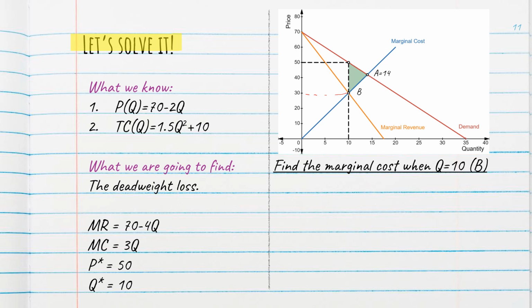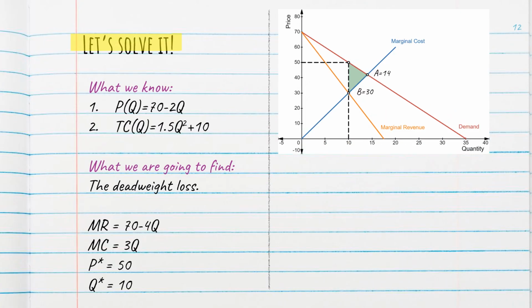This is a simple exercise. All I'm going to do is actually evaluate the marginal cost curve at 10. What does that mean? I plug in that Q equals 10. So the marginal cost is equal to 3 times 10, or 30. So that means that B is equal to 30.